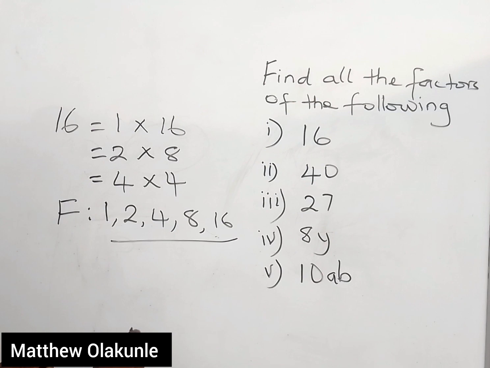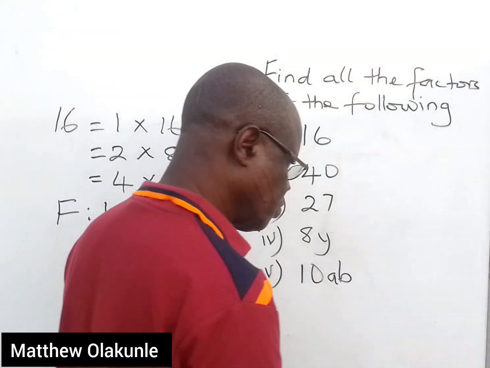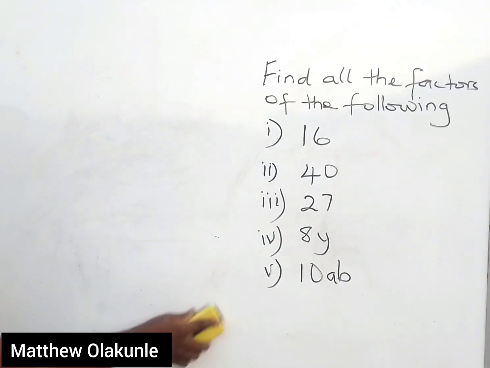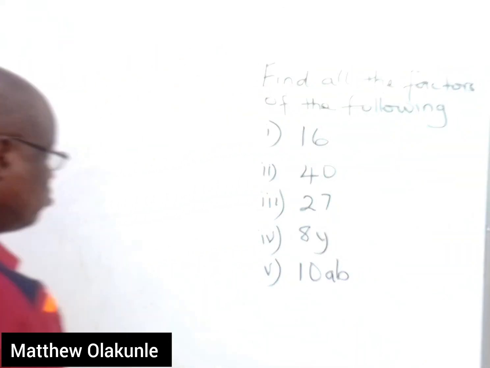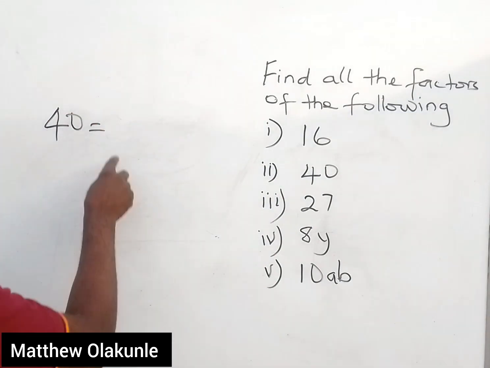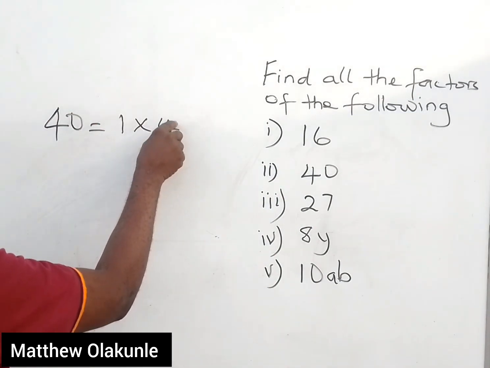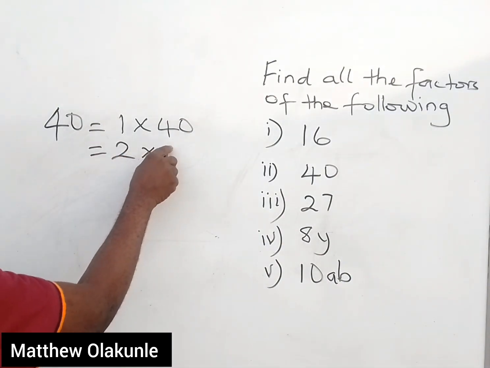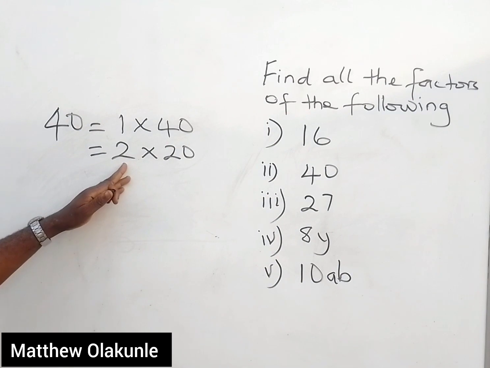Now we want to look at the second one, and this is 40. You start from 1. 40 is the same thing as 1 times 40. Then 2, the same thing as 2 times 20. 3 is not part.